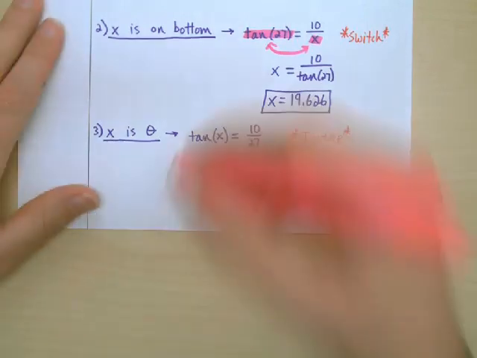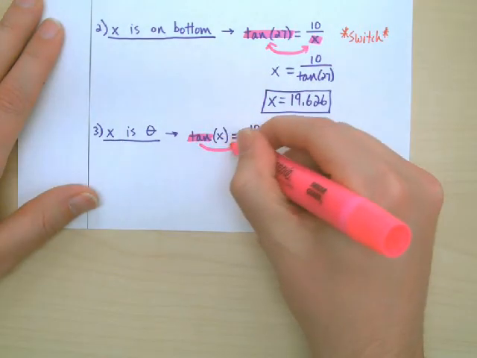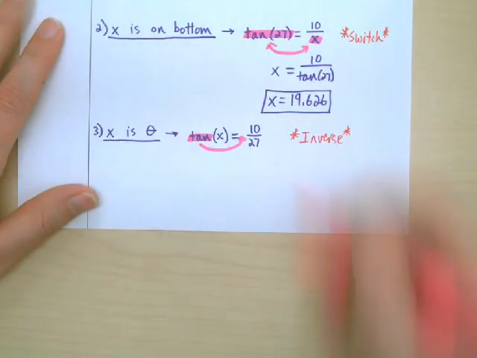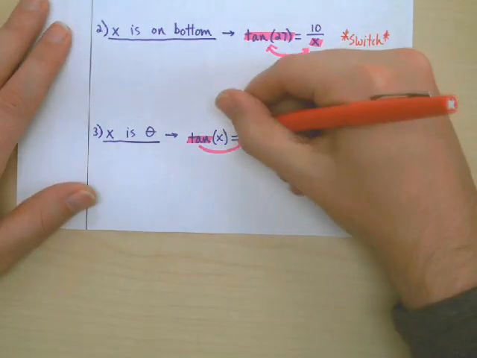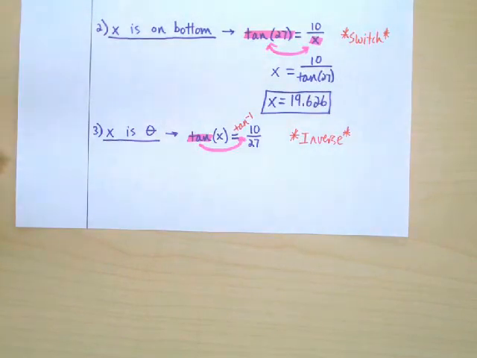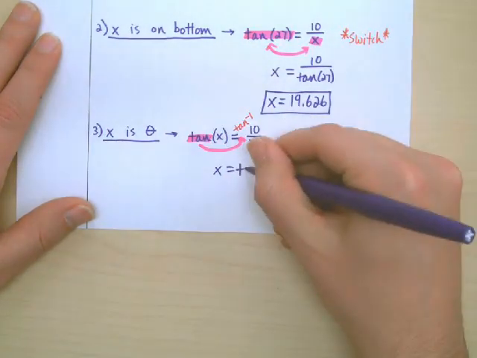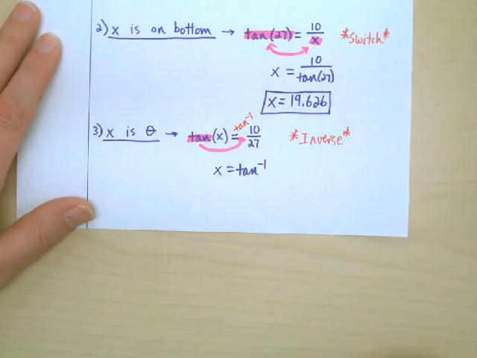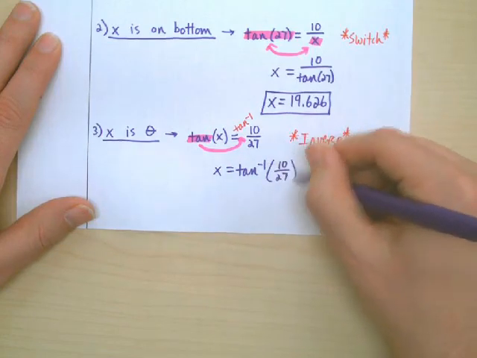You are going to take the tan, you are going to move it right there, and it's going to become tan negative 1. So let me write this out. x equals tan negative 1, and then I'm going to throw some parentheses around the fraction.